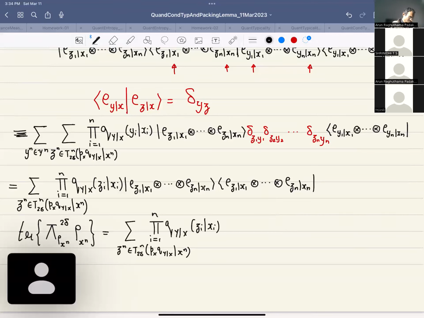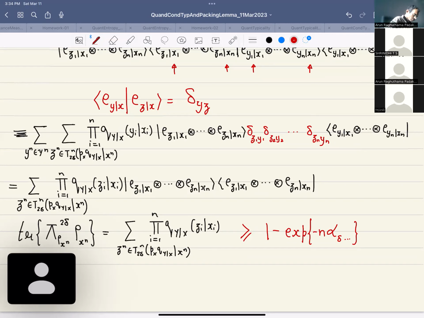I have this. And this by the homework, which I think Srinidhi asked, I'll show it in a discussion session. So 1 minus exp minus n times alpha, something that depends on a bunch of terms. So you can see how it essentially boils down to that.